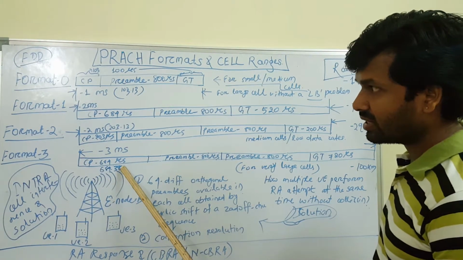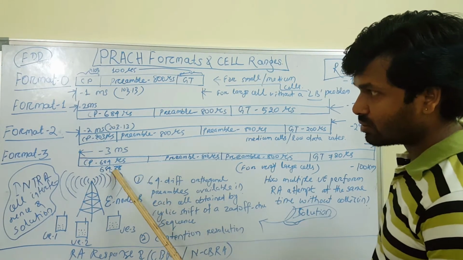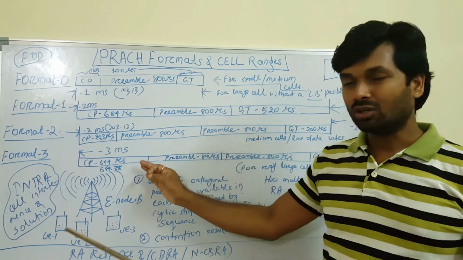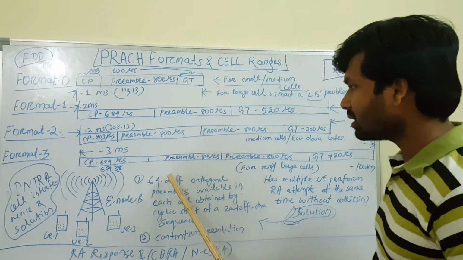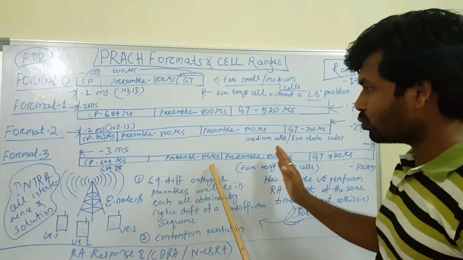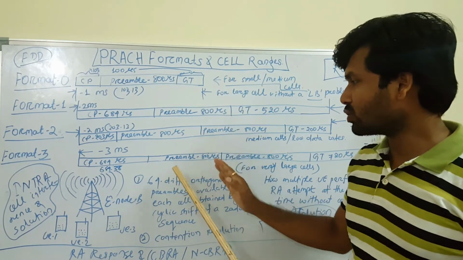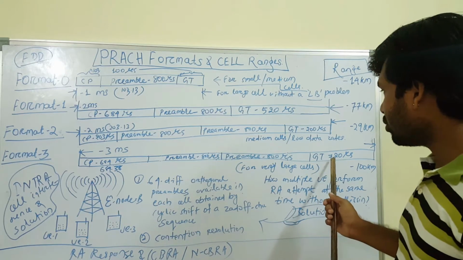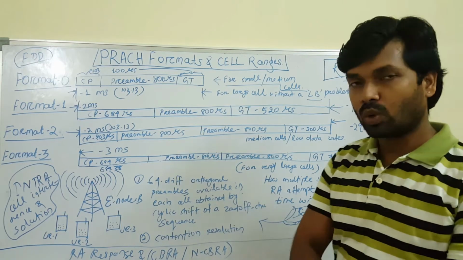Here the cyclic prefix length is again the same as format 1, 684 microseconds, or 684.38 to be exact. The preamble length is 800 microseconds. We have two preambles like format 2, 800 and 800 microseconds, and a guard time of 720 microseconds. Why?